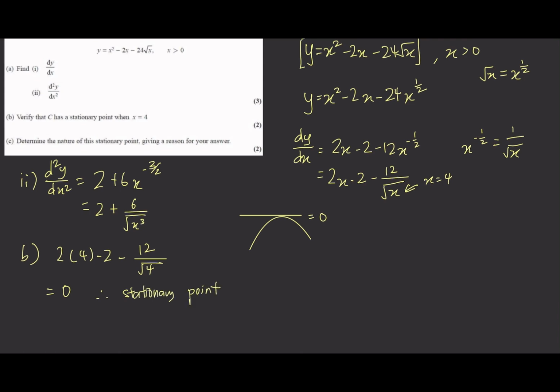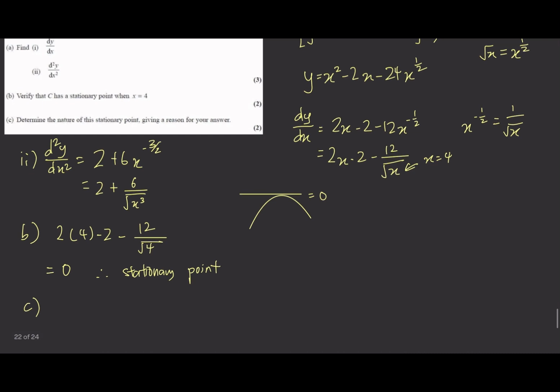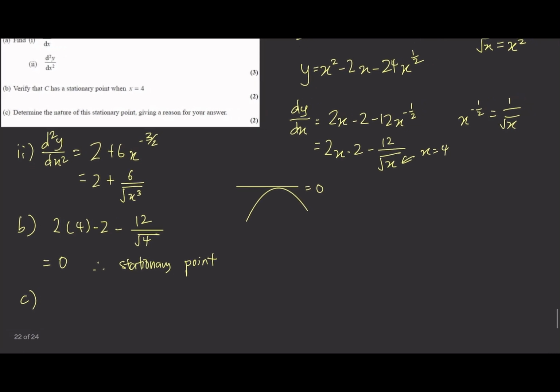Now we want to determine the nature of this stationary point when x equals 4, and give a reason. So we use the second derivative test, where we have already gotten the second derivative, and then we input 4 in there: 2 plus 6 over square root of 4 to the power of 3.